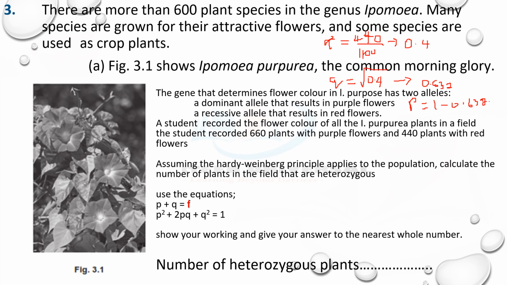But dominant could be heterozygous or homozygous. Do you get? That's why we use recessive to find the dominant. So p is 1 minus that, which gives 0.368. That is it.